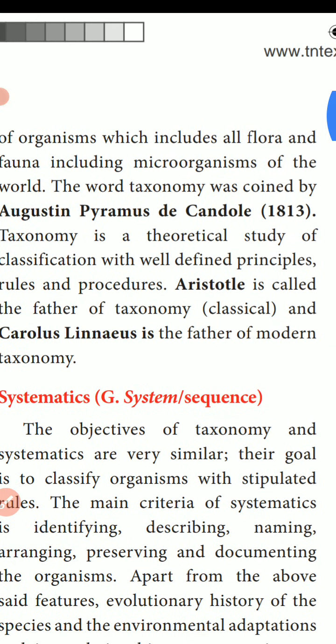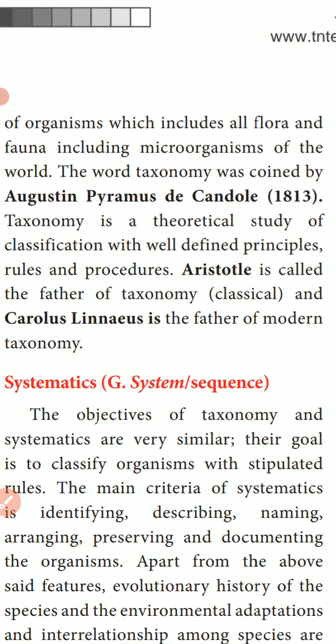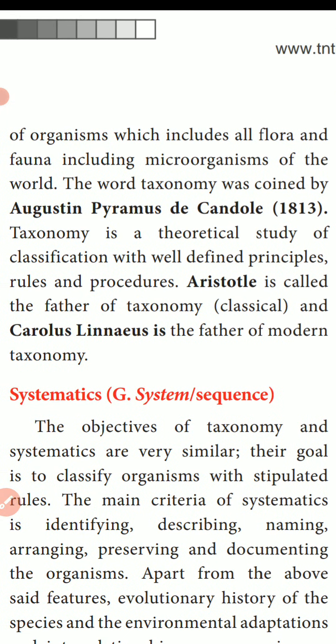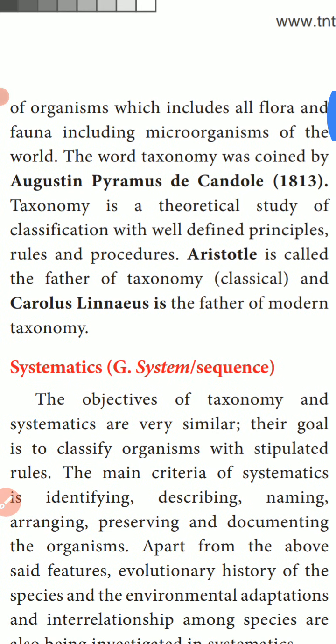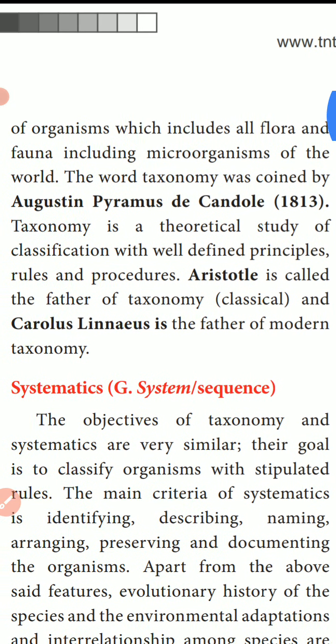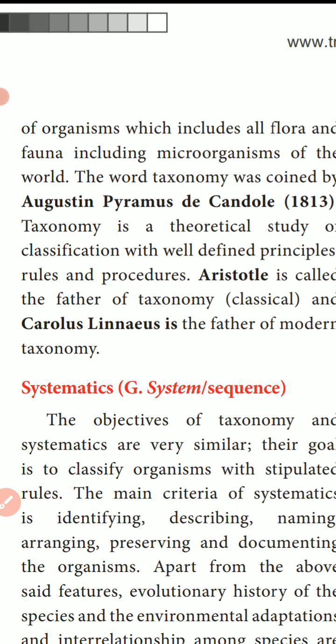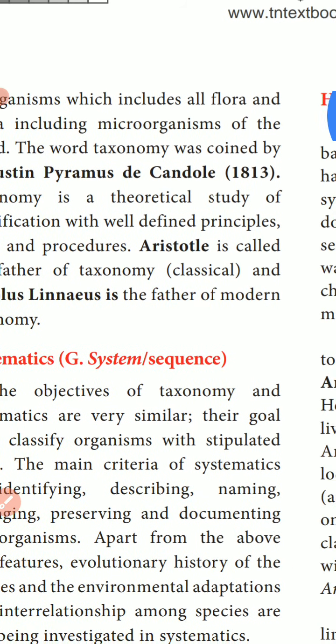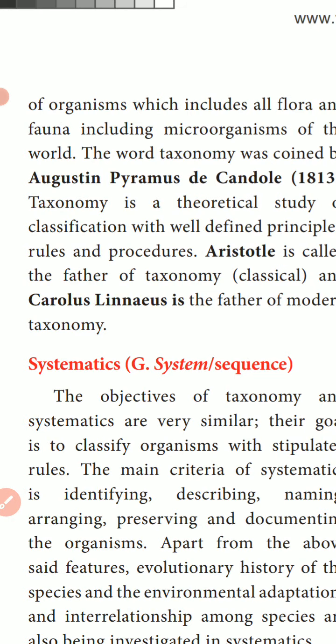What do you mean by flora? Flora means plants. What do you mean by fauna? Fauna means animals, including microorganisms of the world. The word taxonomy was coined by Augustin Pyramus de Candolle in 1813. Just underline this important word.